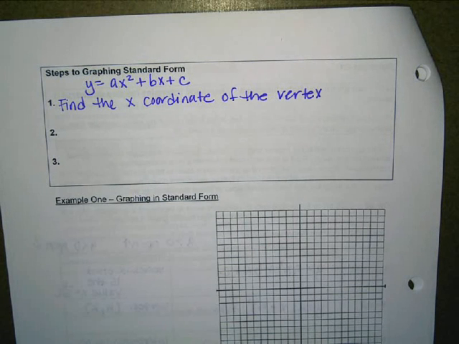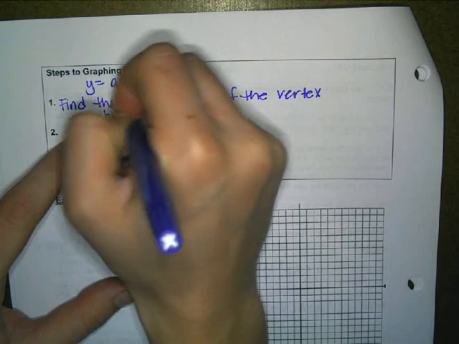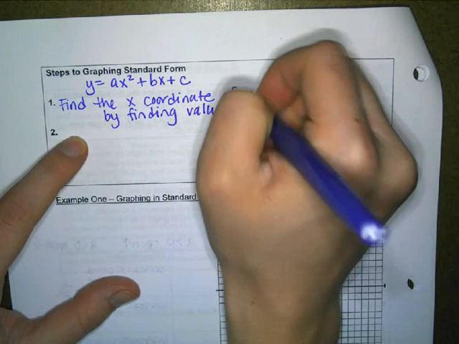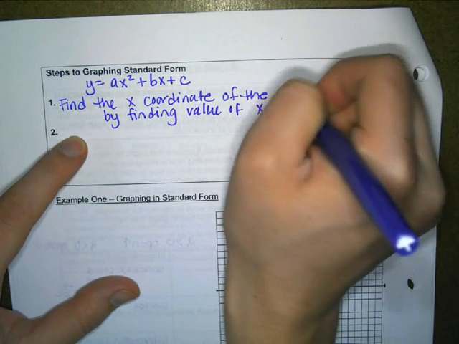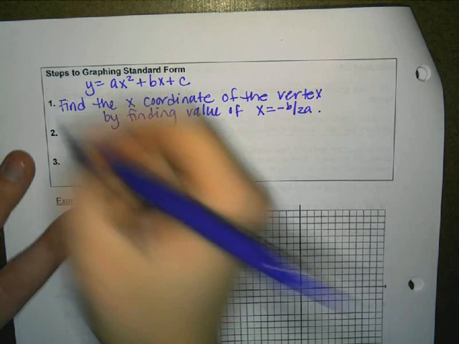And how do I find the value of the x-coordinate of the vertex? We've written it down a couple times already. Negative b over 2a. In your web quest, you saw that that gives you the x-coordinate. So find the x-coordinate of the vertex by finding the value of x equals negative b over 2a, where the b and a are already in your equation. It's just the numbers in front of your x's. Okay.